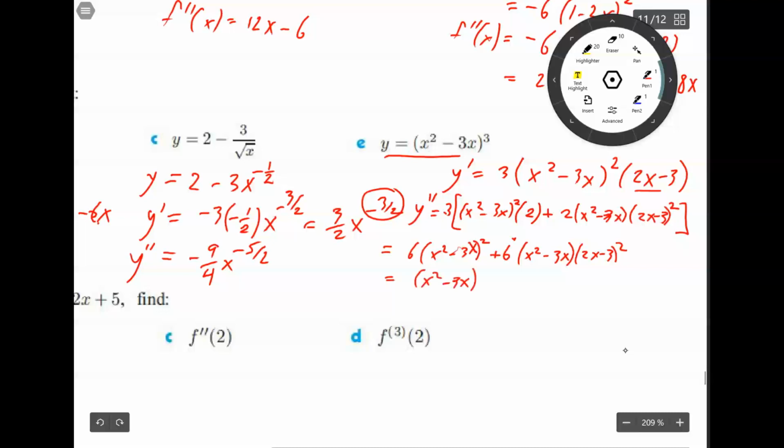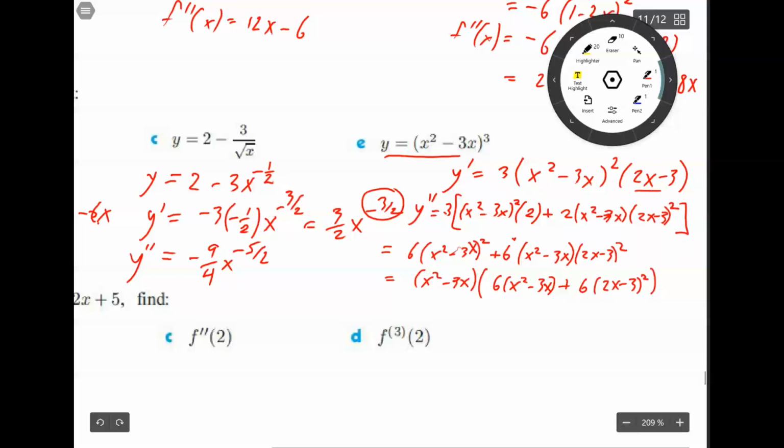And then inside, we'll have 6 times x squared minus 3x plus 6 times 2x minus 3 quantity squared.